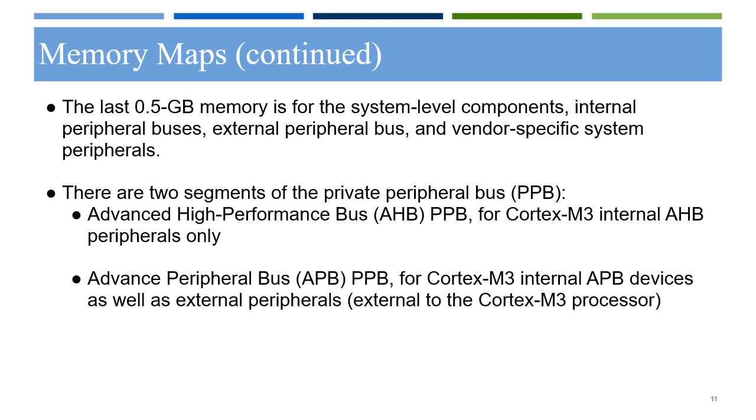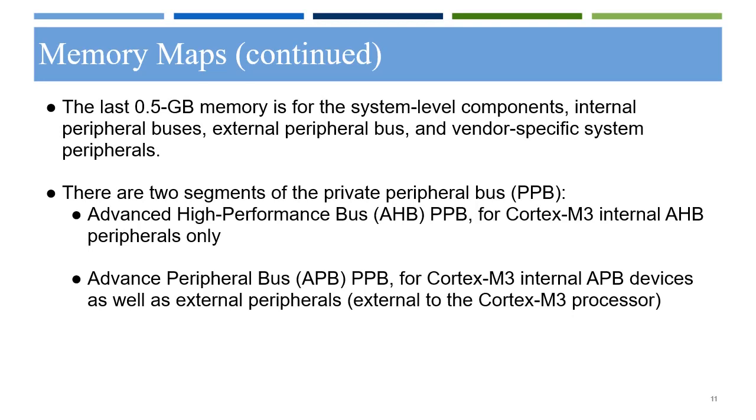There are two segments of the private peripheral bus, PPB: the advanced high performance bus and the advanced peripheral bus. The advanced high performance bus is for Cortex M3 internal AHB peripherals only. This includes NVIC, FPB, DWT and ITM.